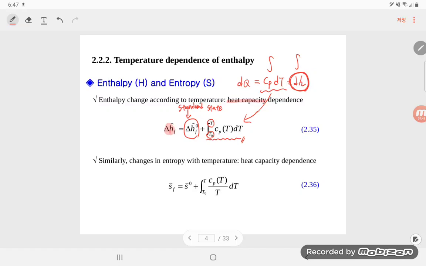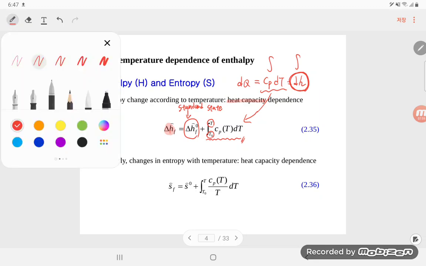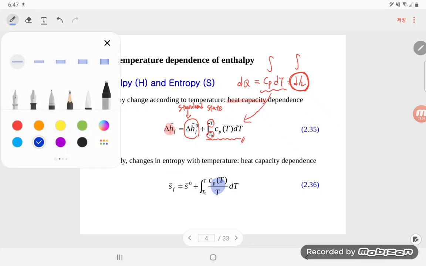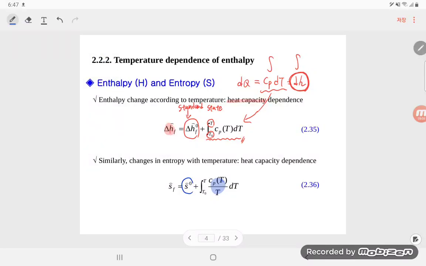And similarly, the change in entropy with temperature can be expressed like this. This is the entropy change in the standard state.